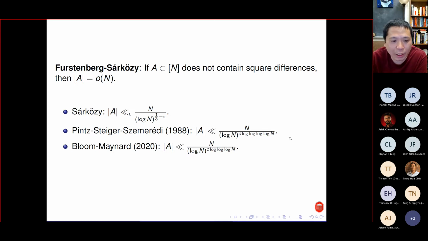Then recently, Bloom and Maynard proved this bound. It looks similar, but it has one less log. In the Pintz, Steiger, Szemerédi bound we have 4 logs, and here we have only 3 logs. But this is already very good. And Maynard just won the Fields Medal this year.